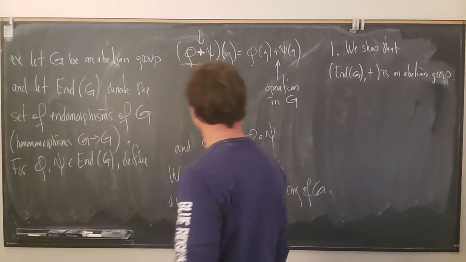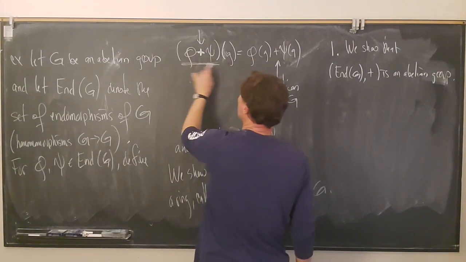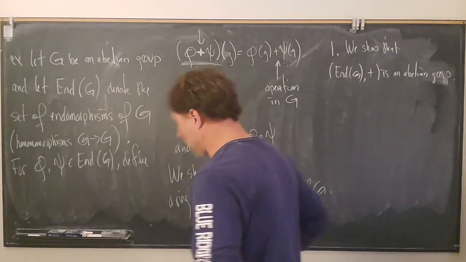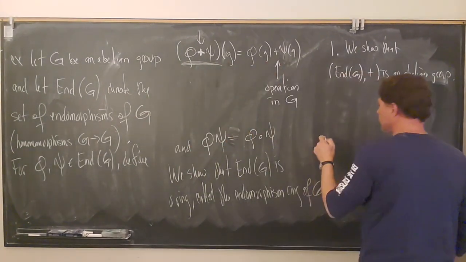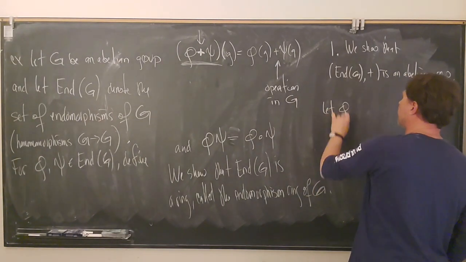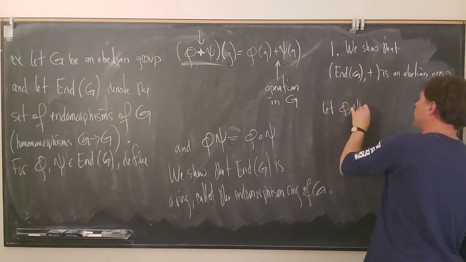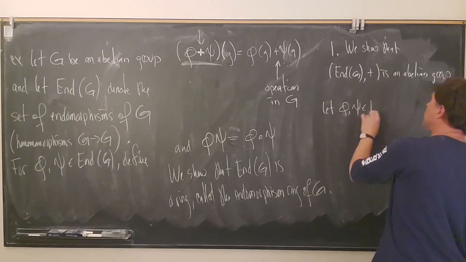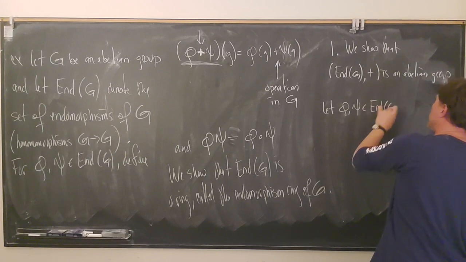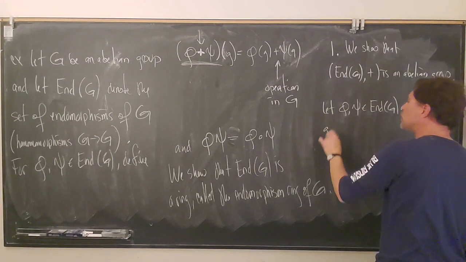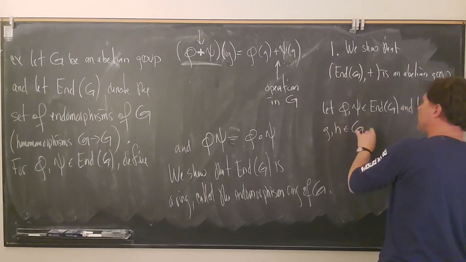I need to show that this new object right here actually is a homomorphism from G to G. So let's let phi and psi be in End G, and let's let little g and little h be in capital G.